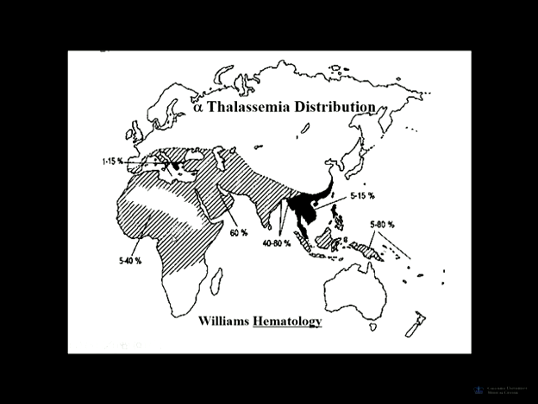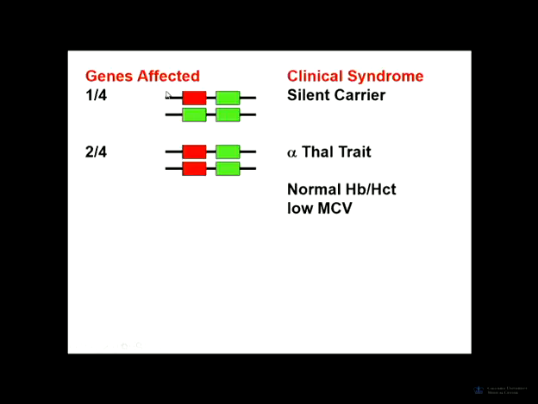So the mildest form of alpha thalassemia, where one gene is missing, and these are gene deletions, so they're actually not mutations which affect the function, they're actually deletion of the genetic material. But if you're only missing 1 out of 4 genes, you have what's called the silent carrier state. There's very, very little impact on the red cell because you have 3 functioning genes. But this is the form of alpha thalassemia that's so common worldwide.